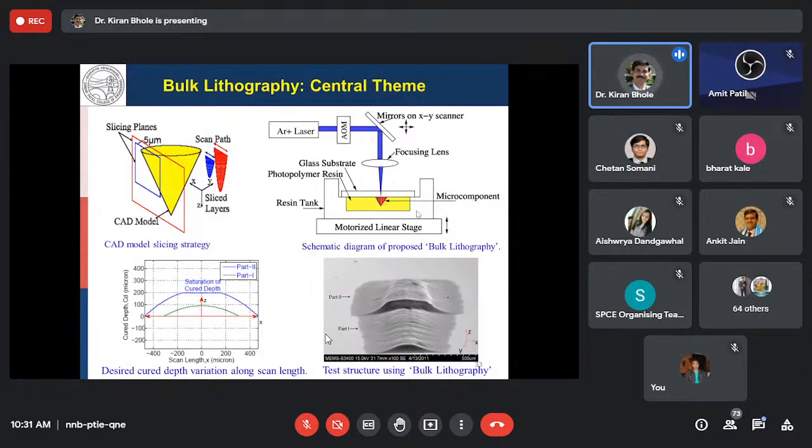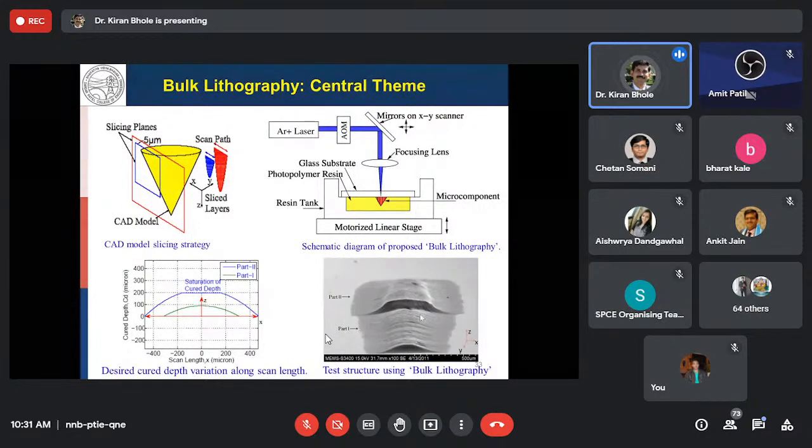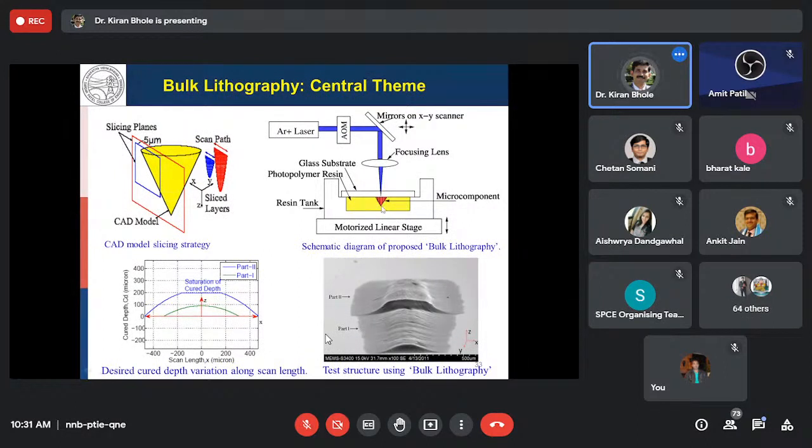Now there is a very important point here. How can we vary the cured width here? The cure depth can be varied by varying the energy. We have done the experiment in a laboratory, varied the energy and obtained the cure depth. It is seen that the depth does not increase just by varying the energy after a certain exposure level.